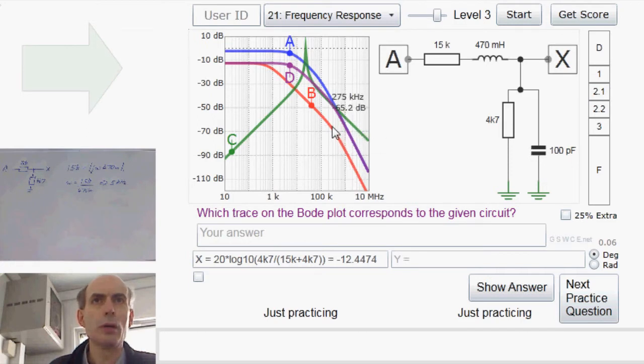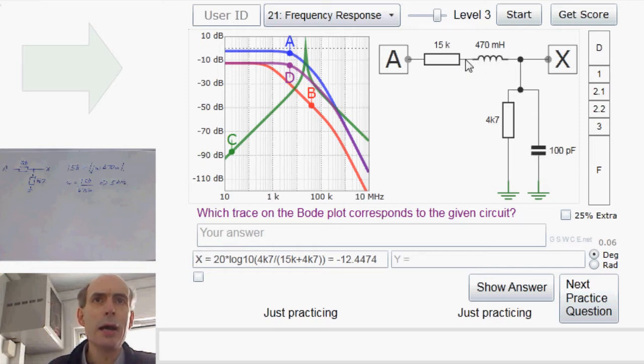That's much too high. However, D does go down from about minus 12 dB to about minus 15 dB at around 5.75 kilohertz, which is pretty close to where I would expect the effect of that inductor to start kicking in.